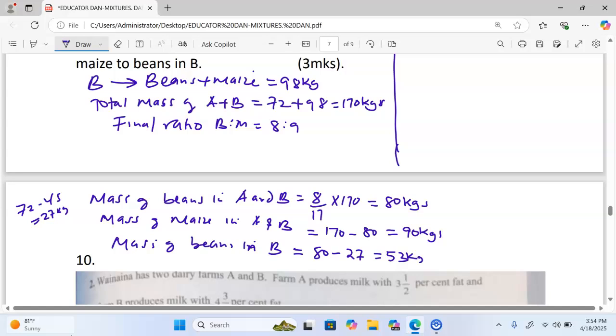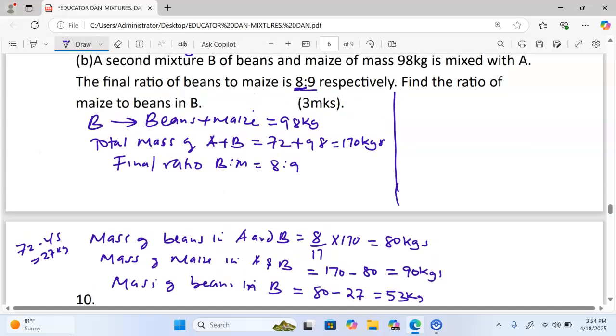Now, we can proceed and get the mass of maize in B. Mass of maize in B will be equal to, remember mass of maize in A and B is 90. So we are going to subtract 45, and this one is going to give us 45.